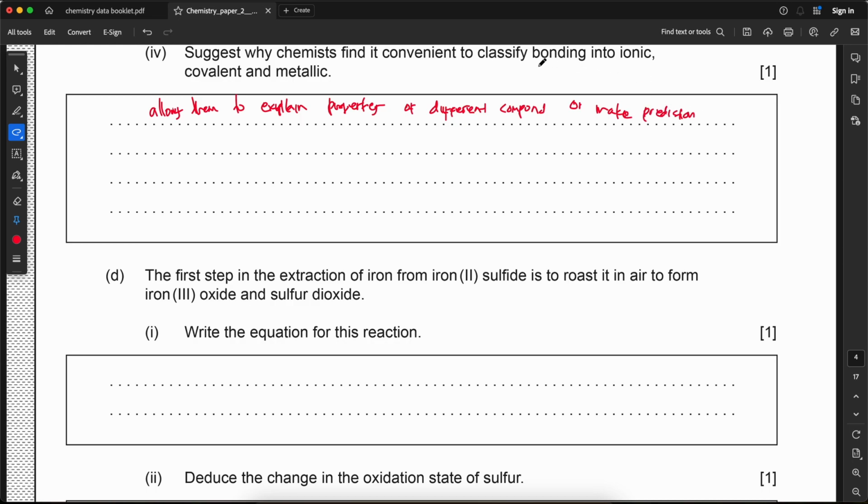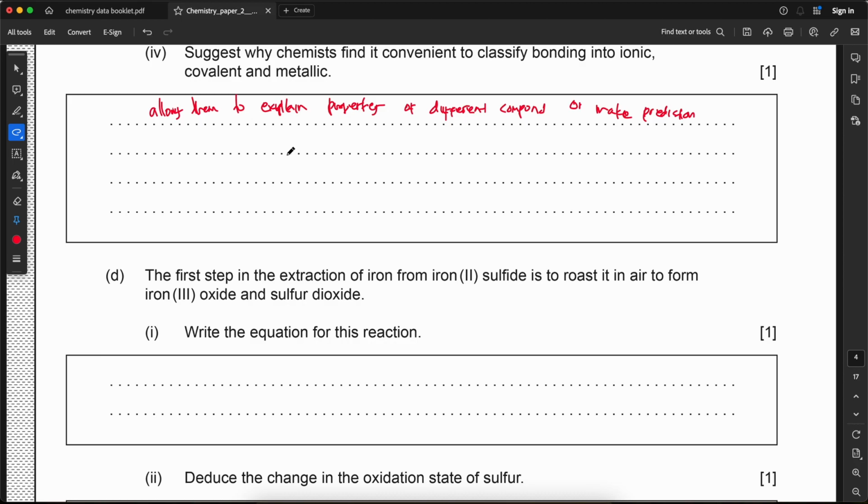For example, NaCl, when it's dissolved in water, is able to conduct electricity because there is electrostatic attraction, right? And for ethane, because it's a covalent bond, the boiling point is low. So having them classified into ionic, covalent, or metallic allows chemists to predict what happens with this molecule or bond in the molecule.